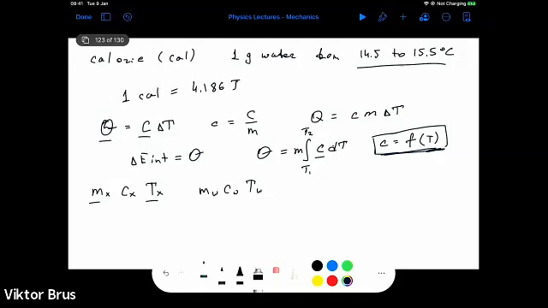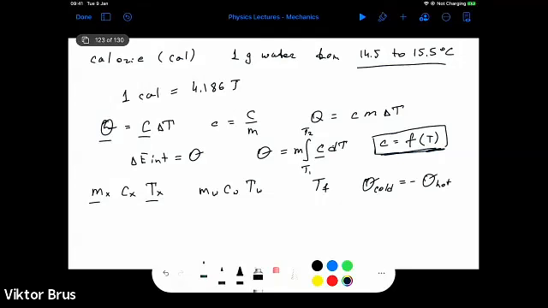So this will end up with some final temperature Tf. And we can write that the amount of energy which is gained by the cold substance, in this case water, will be equal to the amount of energy which was lost by the hot substance.